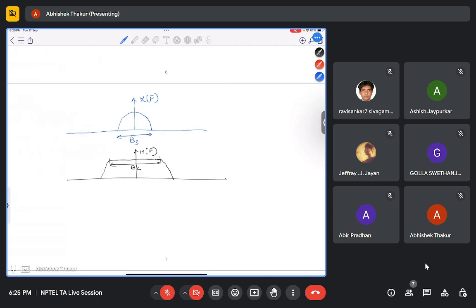Now the received symbol Y(f) will be X(f) into H(f). So there will be no distortion when this Bc part is greater than this Bs. So if Bc is greater than Bs, then there will be no distortion.